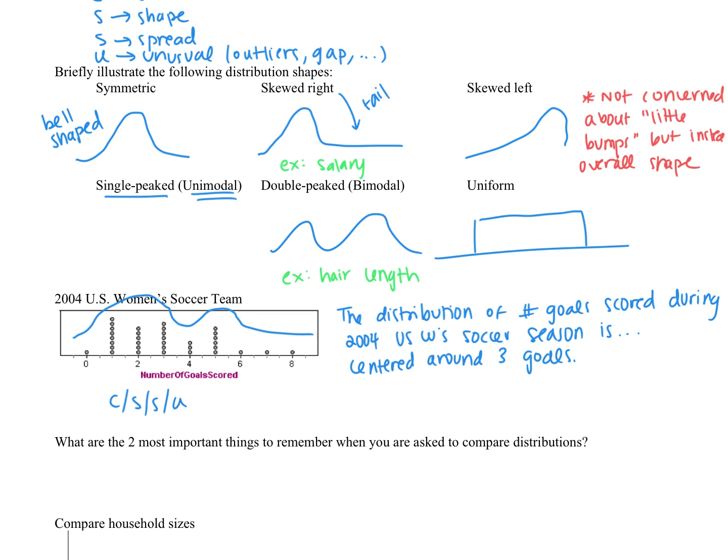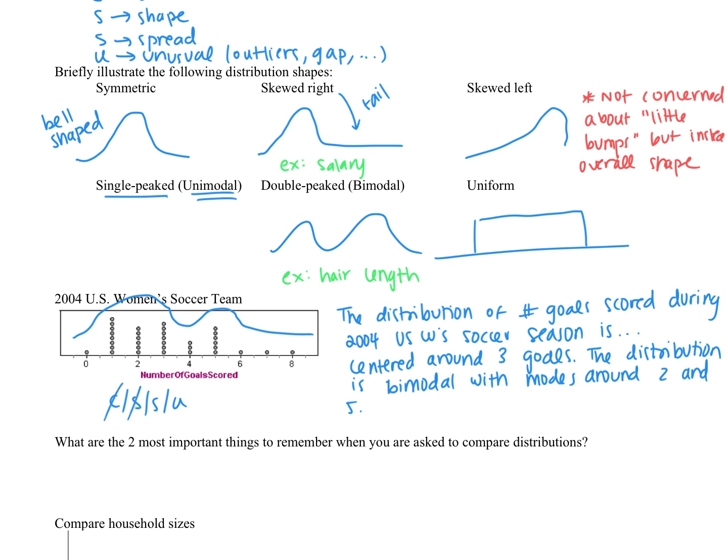Once is enough. So I'm going to say the distribution is bimodal with modes around 2 and 5. So far I've done center and shape.